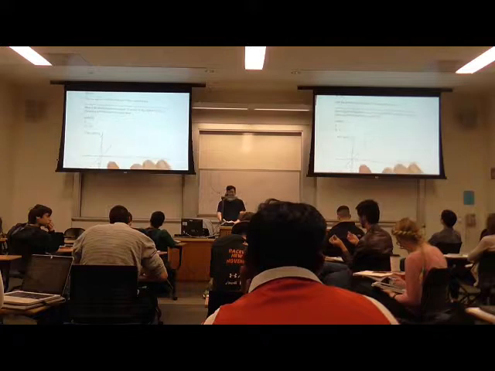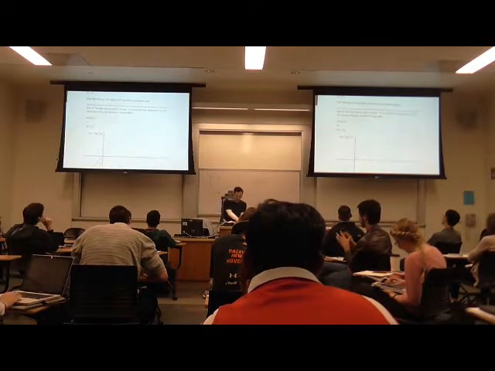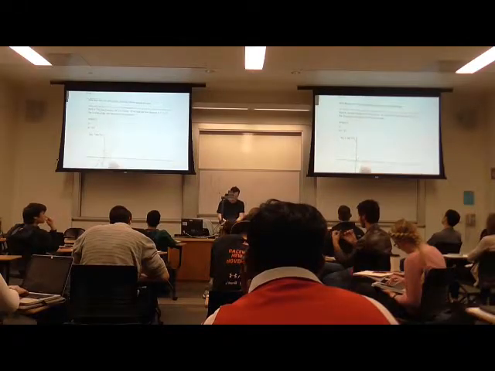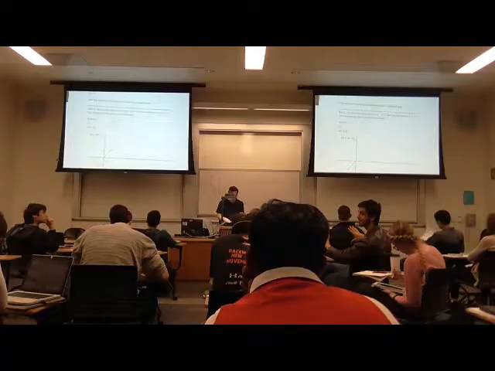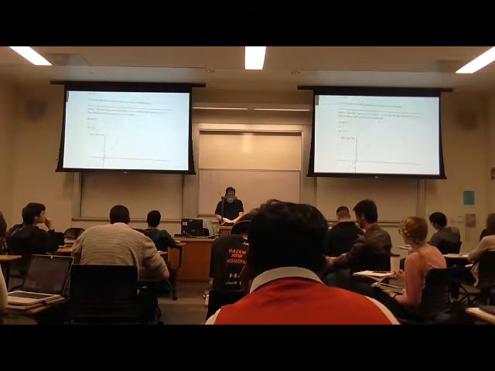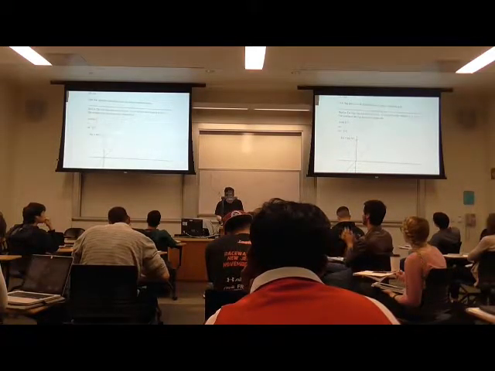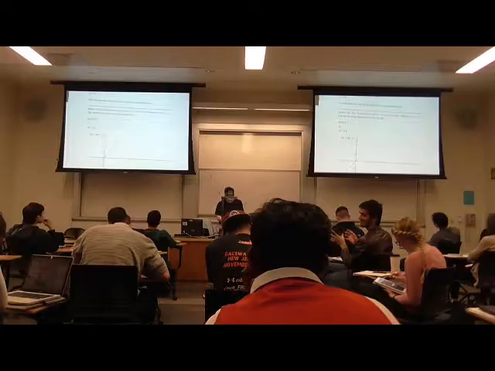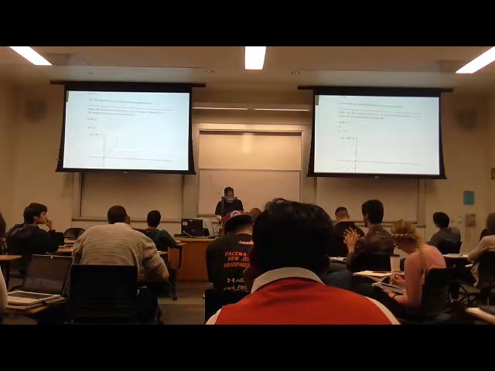Here, I'm now looking at the inverse function. The original function, this would be the x-axis, goes from, oh, wait a minute. Looks like I did something wrong.